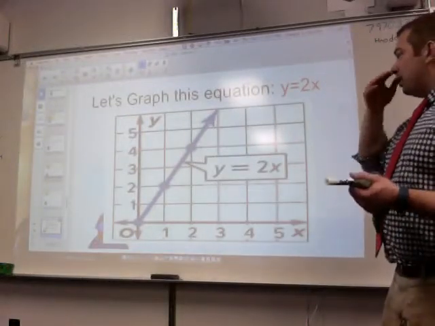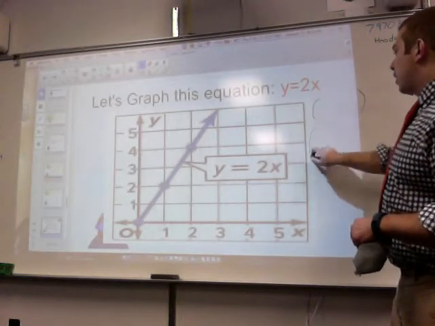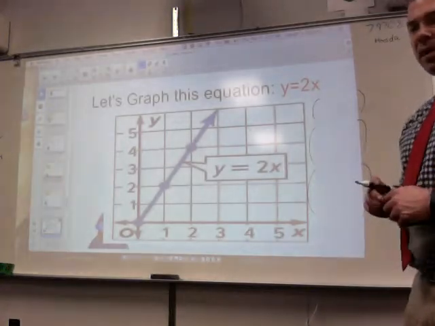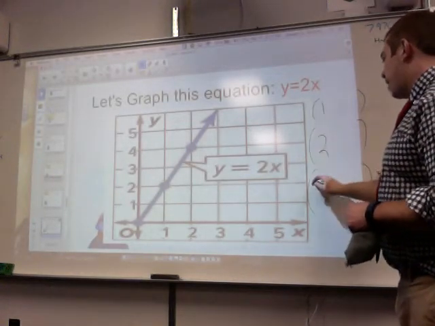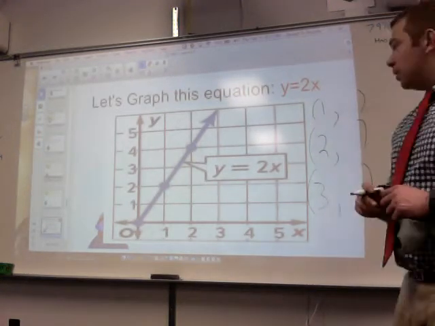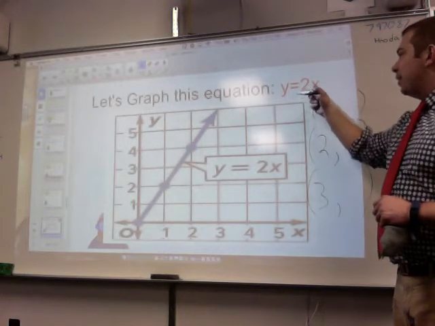So to get this graph, I basically have to plug in numbers. So I'm going to set up a couple of numbers right here. All right, I'm going to start with my x's. I'm going to use 1, 2, and 3 for my x. Okay, so when I plug in a 1 into this equation, 2 times 1 equals 2.